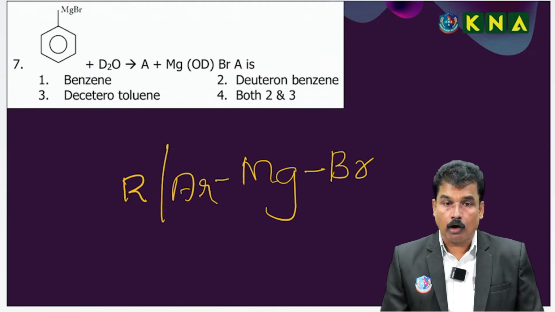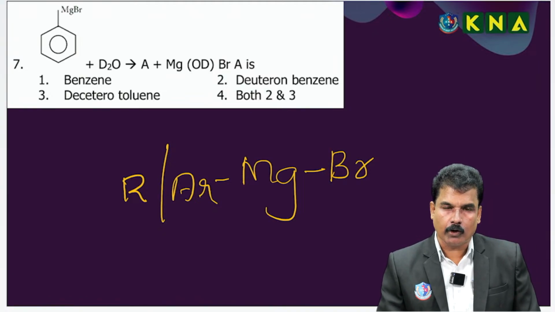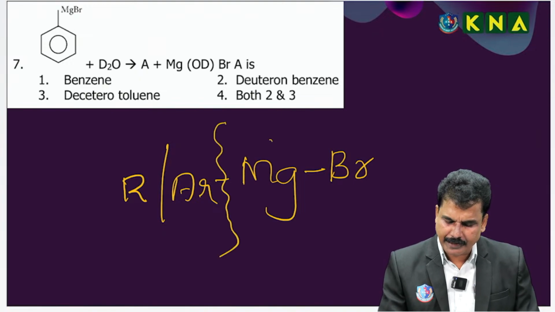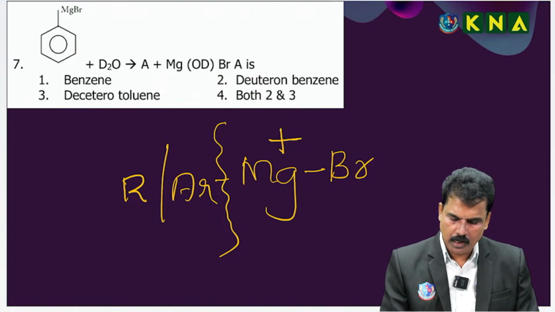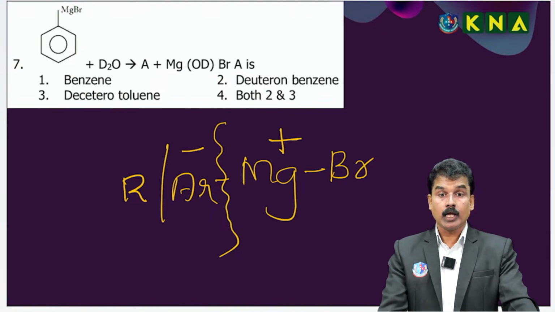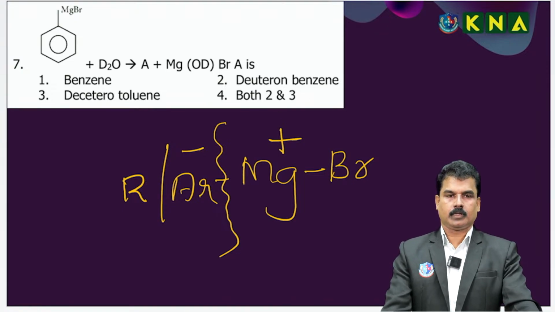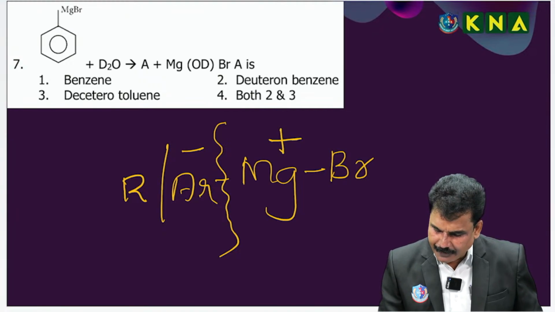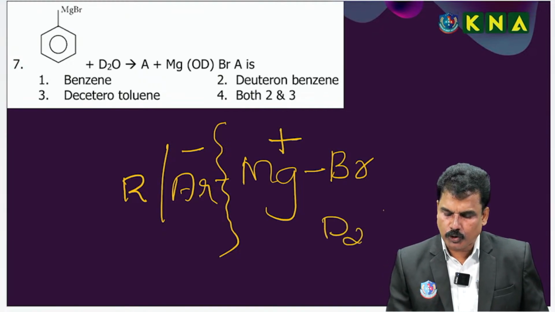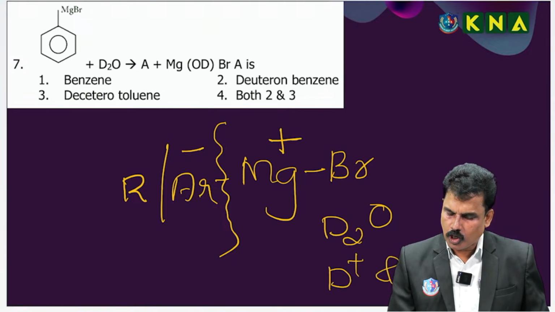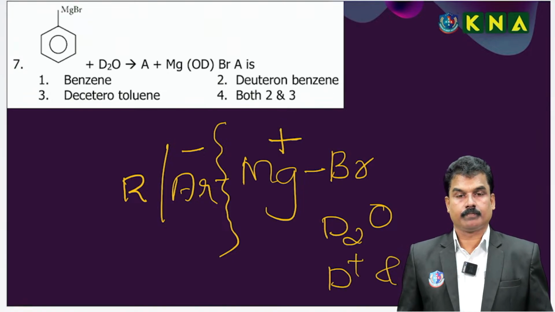When it breaks, how is it breaking? Metal, non-metal part, this part will be breaking. And the metal is getting positive charge and the other part is getting negative charge, because metals are electropositive in character. This way only it will break. Then what did we add here? Heavy water, D2O. It contains D plus ion and OD minus ion.